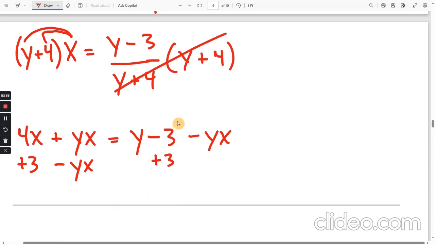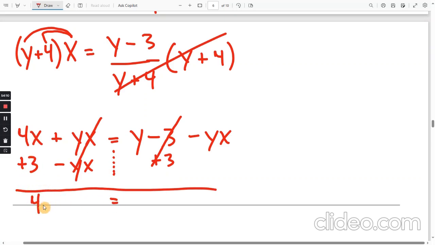Alright, so 3 minus 3 is gone. yx minus yx is gone. Bring down your equal sign. We have 4x plus 3 on the left. And we have y minus yx on the right.